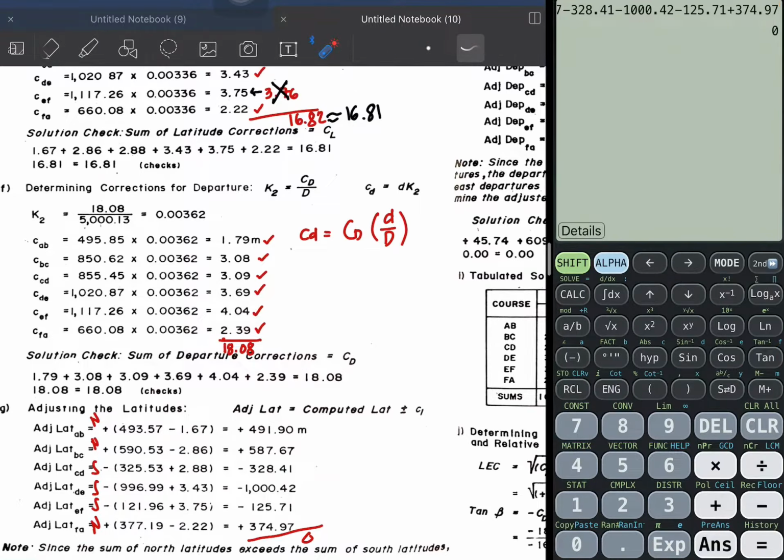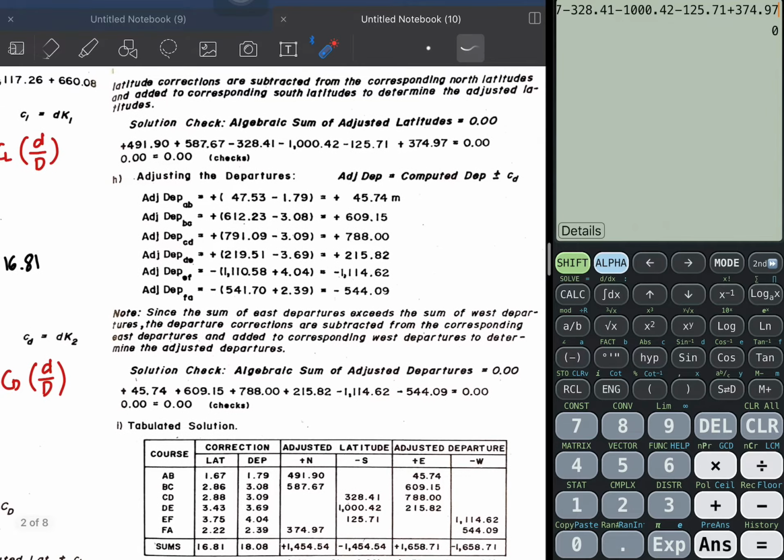So you have the note as what I have said. If the sum of the north latitude exceeds the sum of the south latitude, corrections are subtracted from the corresponding north latitude since the north latitude is bigger, and added to the corresponding south latitude to determine the adjusted latitude.